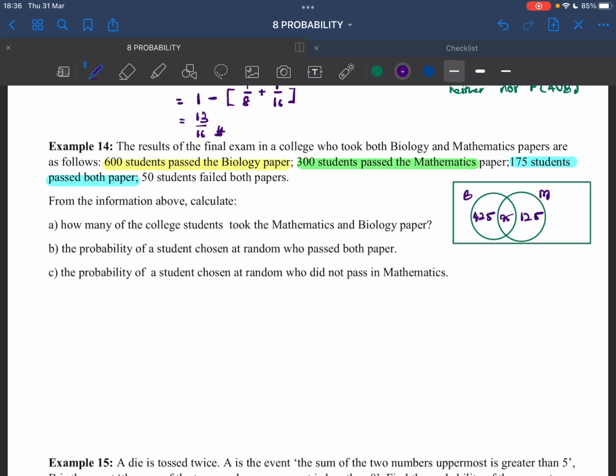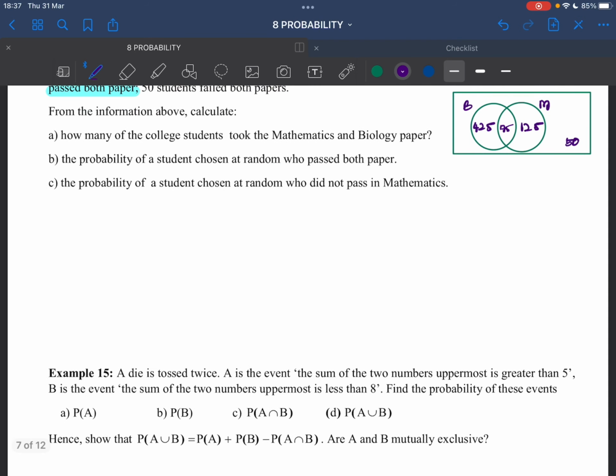And 50 students fail both papers. So this is for pass. If the student fails, let's put them outside here. Okay, 50 students fail.